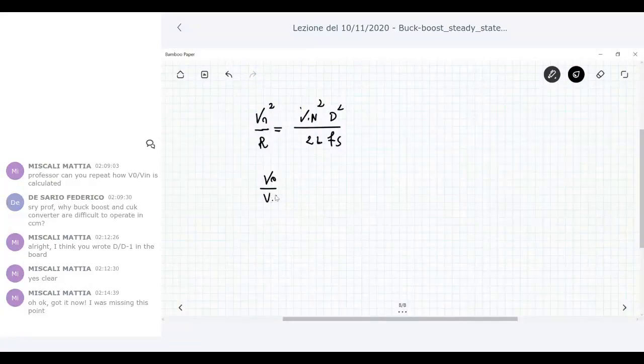So we can have (V naught over Vin) squared equal to R D squared over 2L Fs.